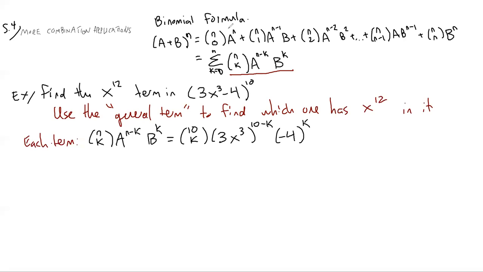What we're going to be looking for here is essentially to solve for k. If you look at what's going on with these numbers, this 10 choose k is just a number. Negative 4 to the k is a number. This is the only thing that has x's in it. So what we're going to do is clean that chunk up to find the k that we need to get that power of 12.